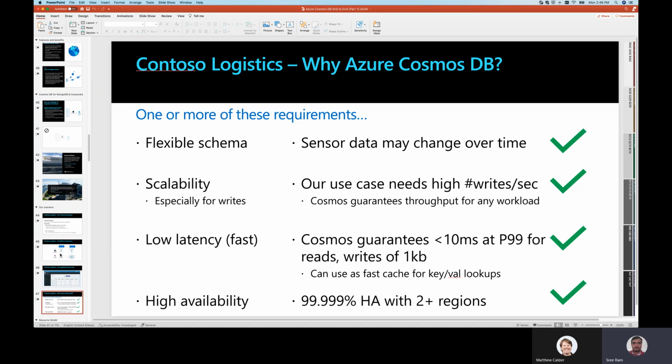Let's revisit the requirements of this project. In order for us to build the app, we need to have a flexible schema. Think about the sensors and the data that sensors pump to our application. The sensor data can always change over time because someone can upgrade the sensor very frequently. A sensor may not belong to the same company. Different companies will have different metrics that they can track. All of the metrics might not be the same.